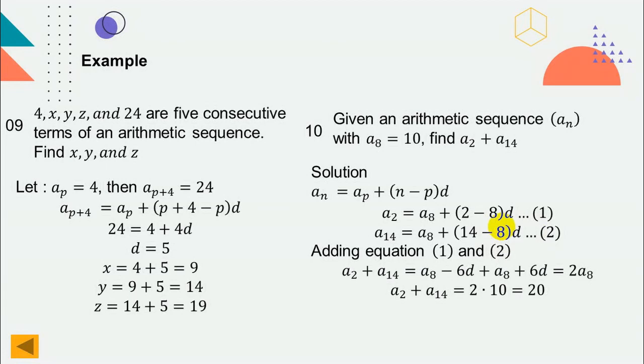And then you will get the second term plus the 14th term is equal to the 8th term minus 6d plus the 8th term plus 6d. So you can cancel 6d and then you will get 2 times the 8th term. You can substitute the 8th term, 10. So 2 times 10 is equal to 20. So this one is exceptional, but for this one, you can just use the 8th term. Okay, everyone, I hope you understand.